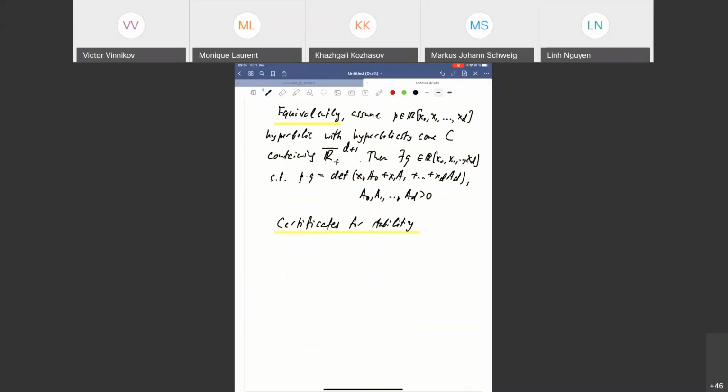Okay, so in general, if P is a complex polynomial, and now I denote the variables by z, and I denote the number of variables by d now, since I'm in the non-homogeneous setting. So P is called omega stable, where omega is an open set, if P has no zeros on omega.